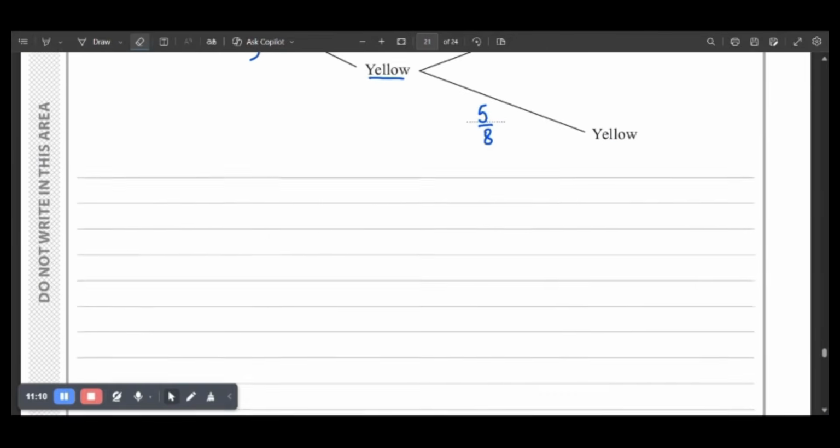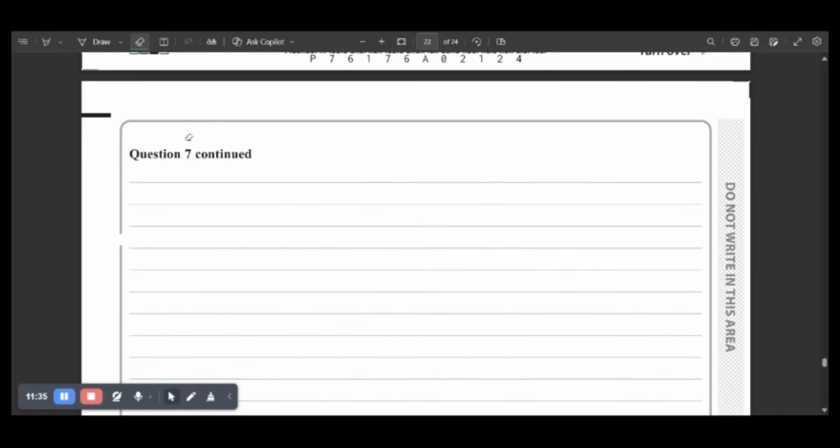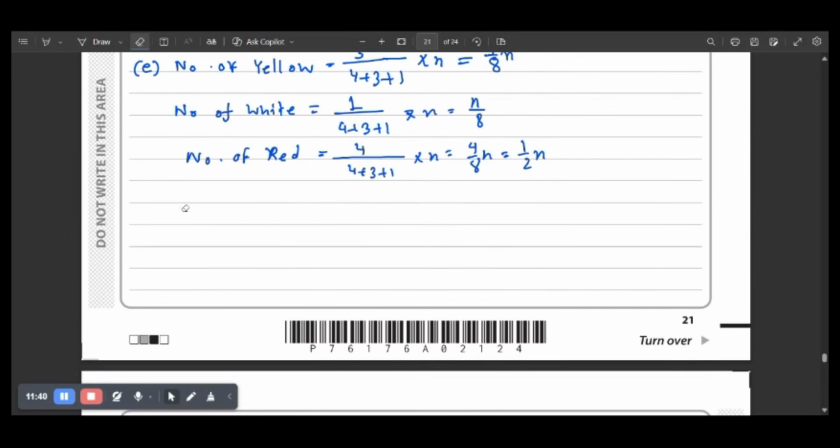To calculate this, we can write the required probability is equal to... so now if we try to find the probability that was given in the question.